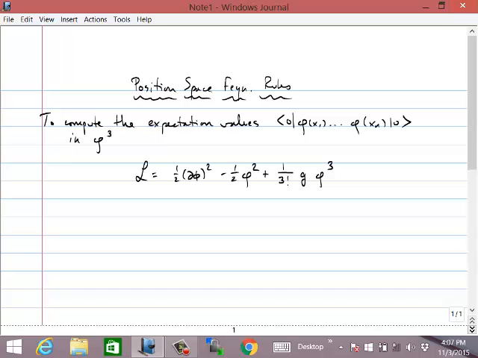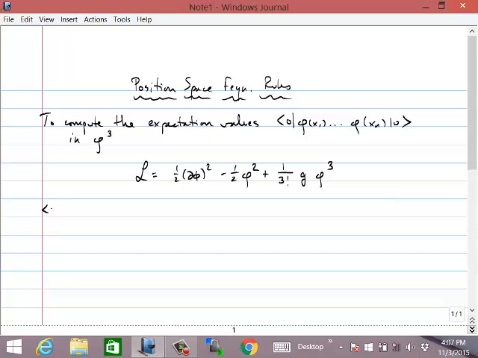We were imagining trying to compute things in a perturbation expansion where g is small. And we developed a diagrammatic technique, which I'm going to review for you right now, for computing these correlation functions order by order in this small coupling constant g.